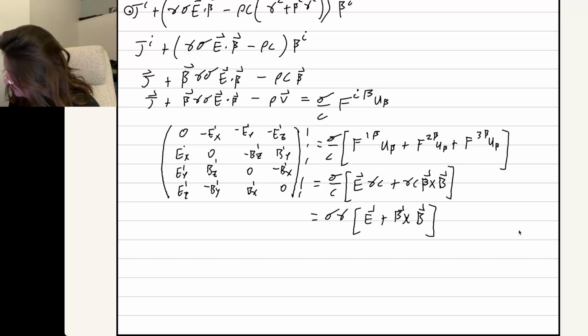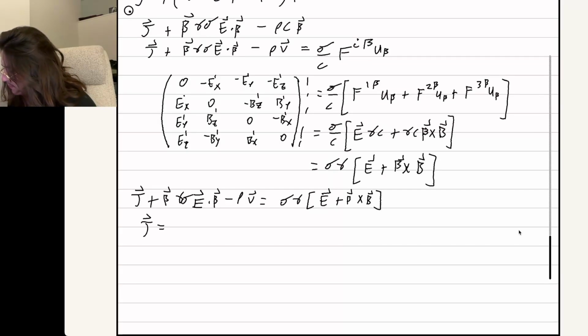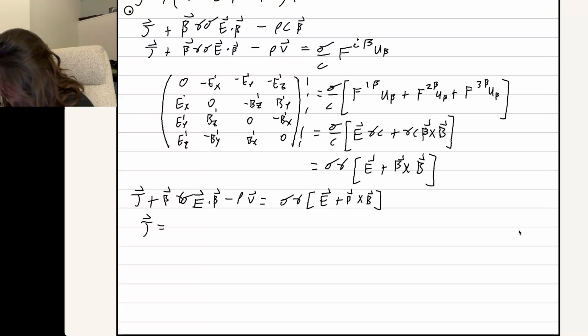All right. Putting it all together, we have J plus beta vector gamma sigma E dot beta minus rho V equals sigma gamma with an E plus beta cross B. We're going to collect all those terms, solving for the 3-current, and it's going to be a big term. We're going to have a bunch of terms inside this sigma gamma.